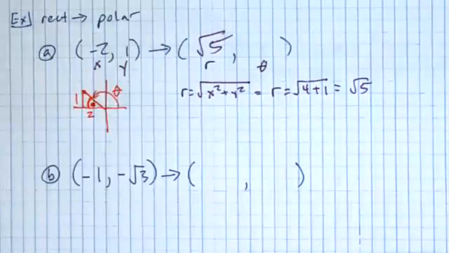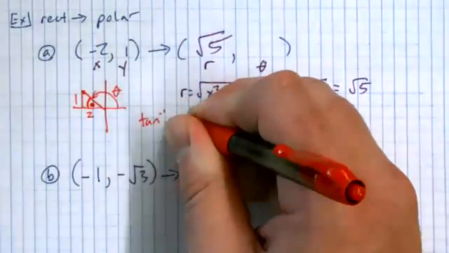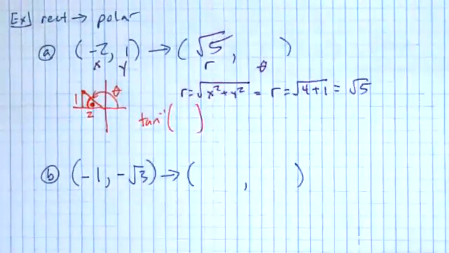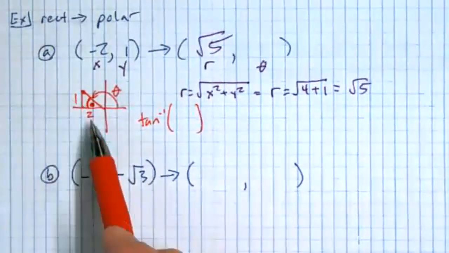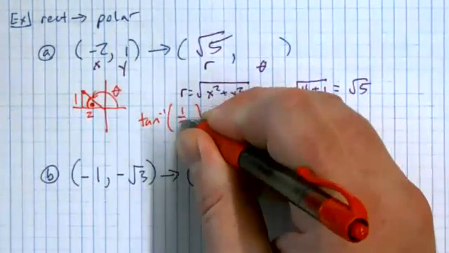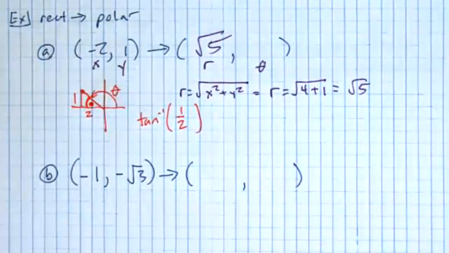And that angle there, we can use an inverse tangent to find it. Inverse tangent of what over what? I'm just going to go 1 over 2, because I've already put it in the right quadrant, so I'll be able to deal with my signs and everything there. The problem with using inverse tangent with negatives is this.